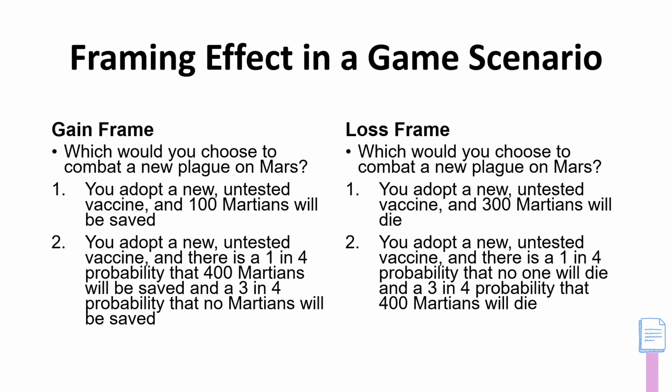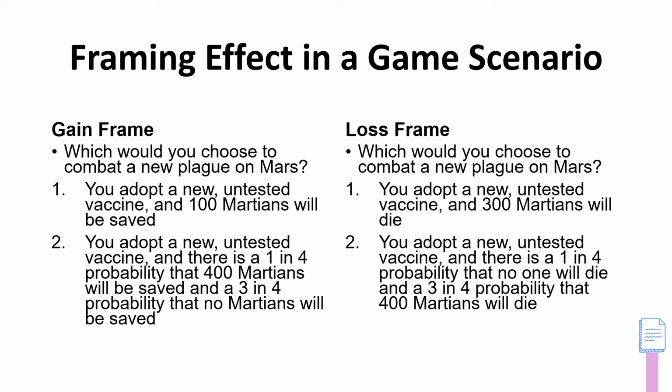So we're going to look at two ways of framing. It's called a game scenario, not because it's meant to be a fun game, but because of something called game theory, which looks at how people tend to frame and think about decisions in different situations, how we weight odds in order to make a choice.